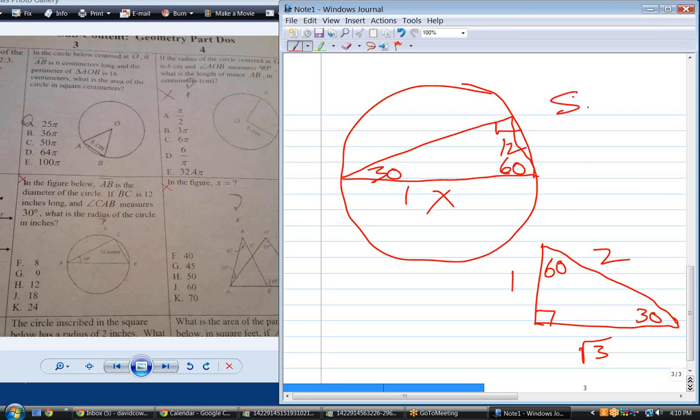So that's where you get your similarity ratio of 12 to 1. Every side has to have that same ratio. So if the side opposite the right angle, the hypotenuse, is 2, what's this side up here?